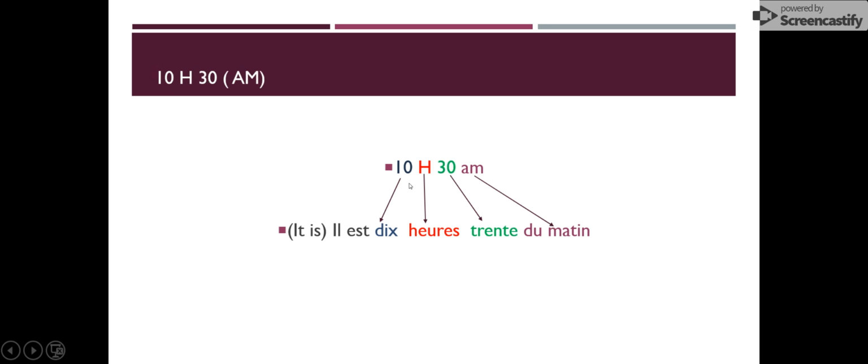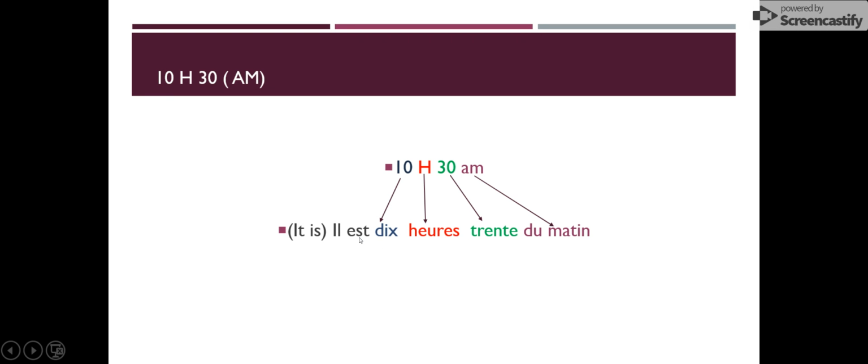10:30 a.m. You also have two ways of writing 10:30. Il est 10h30 du matin, because 30 in French is trente. So you just have to write all the time. Don't forget the hours, when you say it and when you write it.